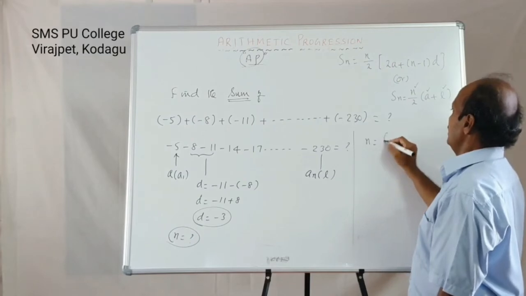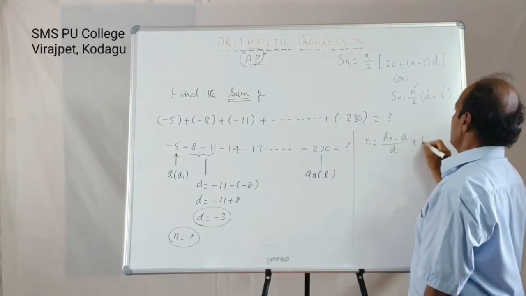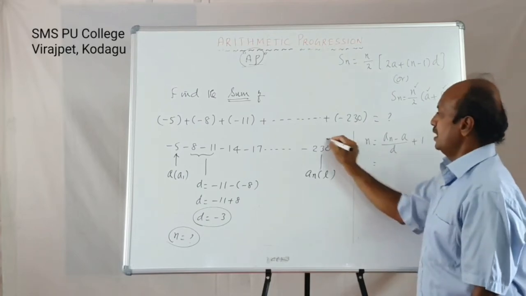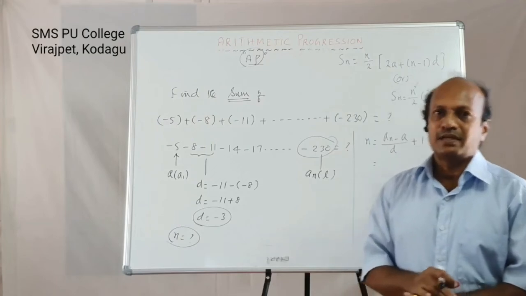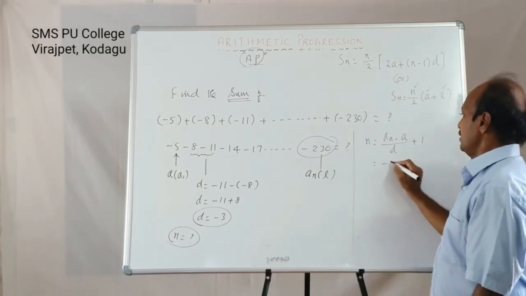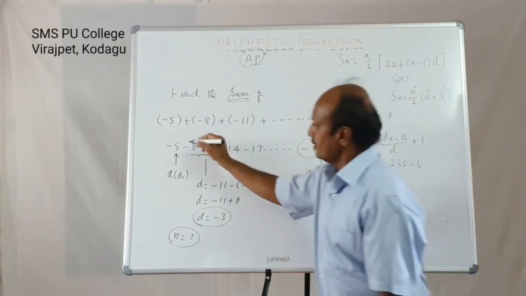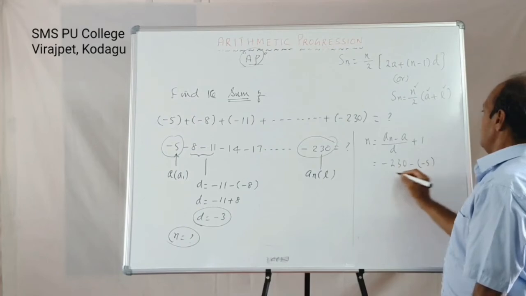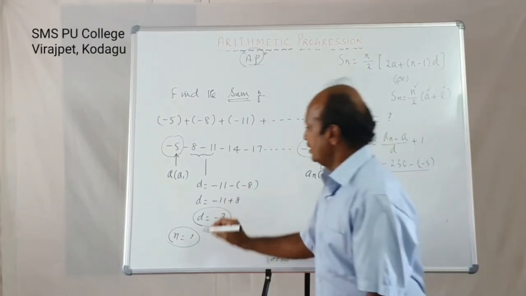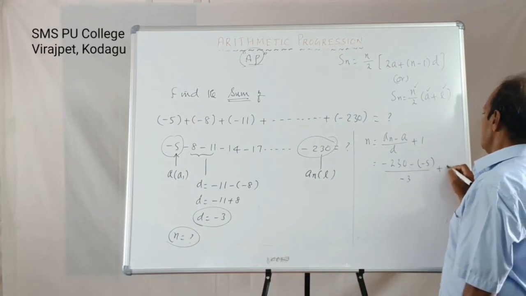n is equal to an minus a by d plus 1. What is an here? Don't take it as just 230; you have to take it with the sign. Minus 230 minus, what is the value of a? The value of a is minus 5, by d. What is the value of d? d is nothing but, as we already have, minus 3, plus 1.